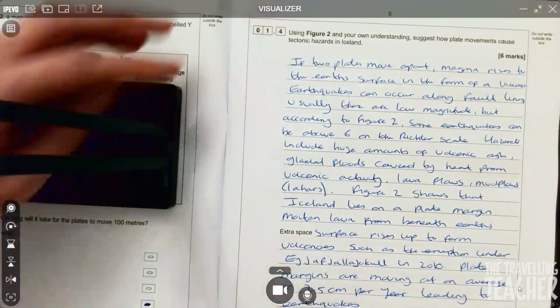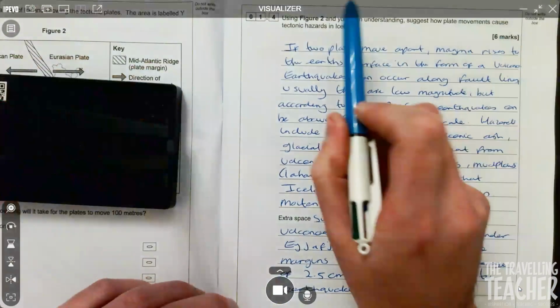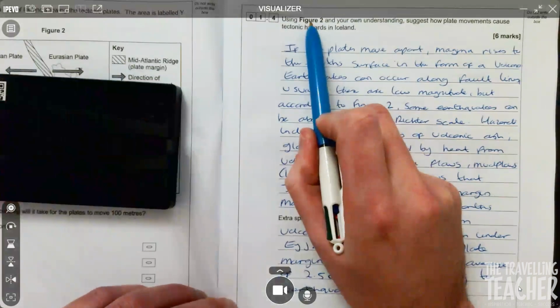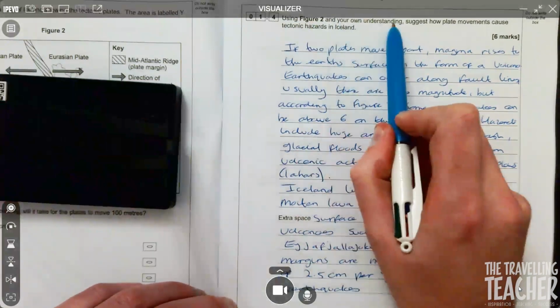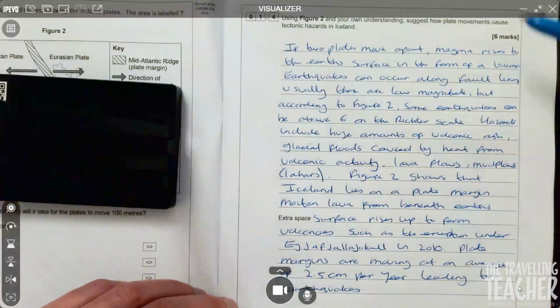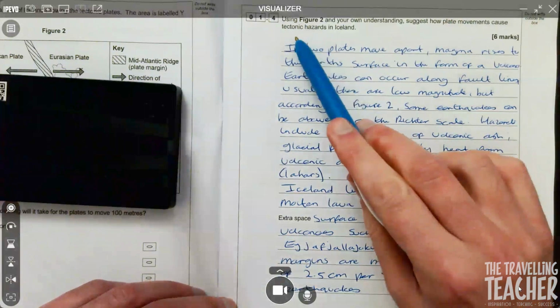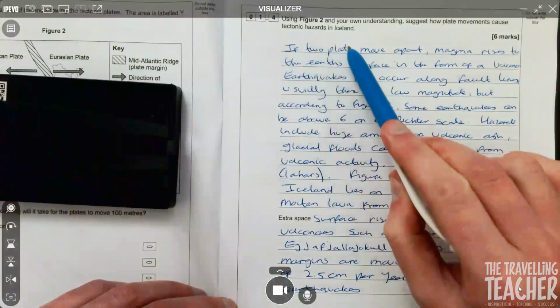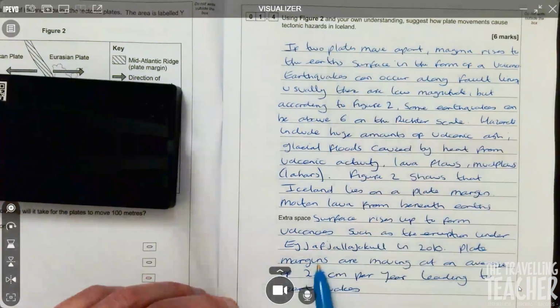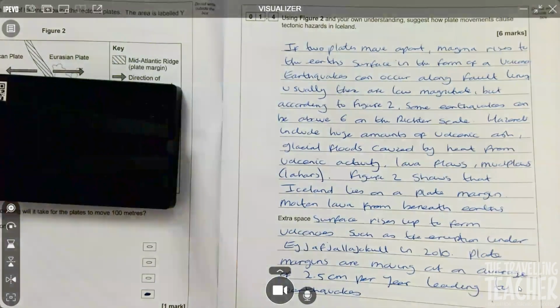So the reason the answer is good, everyone, is because number one, I've referred to figure 2 a few times, and there's loads of my own geographical understanding throughout this. So I've made it very clear how plate movements can cause different tectonic hazards in Iceland. And I've also thrown in an example there as well. Right, next question.